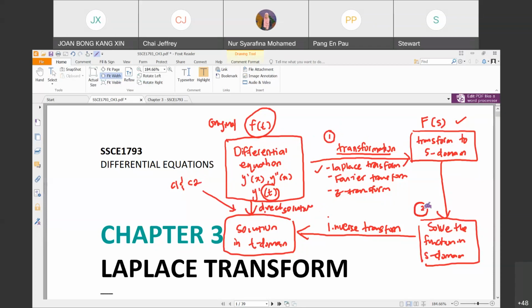Then we solve the function in S domain, and then we apply the inverse transform to get the solution. So previously, we solved the differential equation directly from the original domain. If you have X, then you just have the solution in terms of X. But for this one, we apply the transformation first. Is that clear? This is the whole story on the transformation process. Understand?